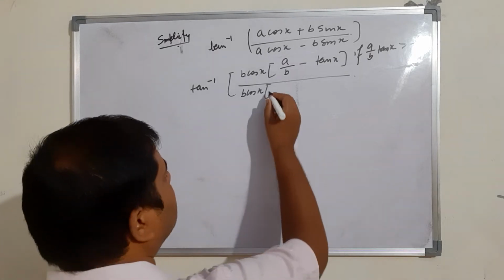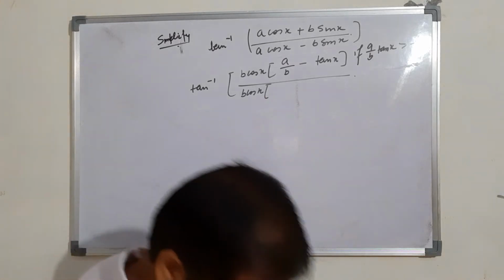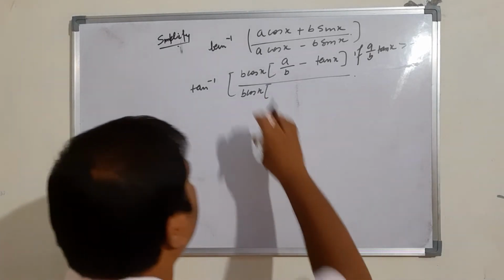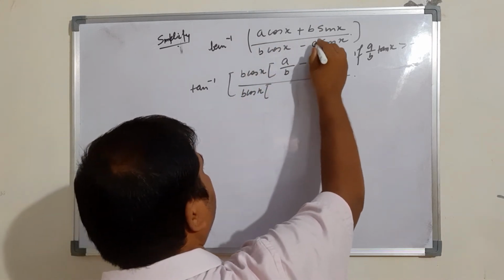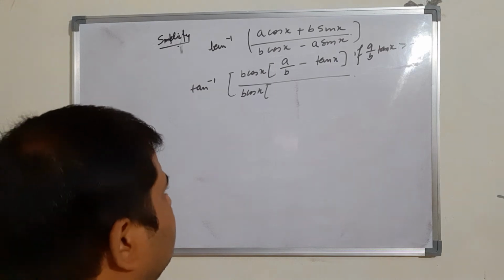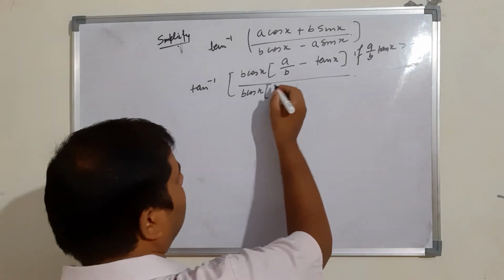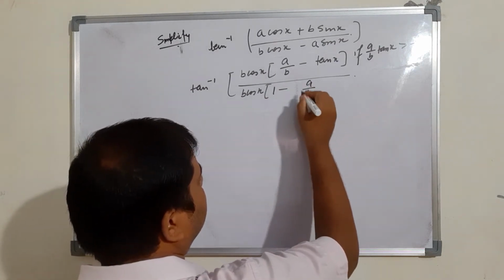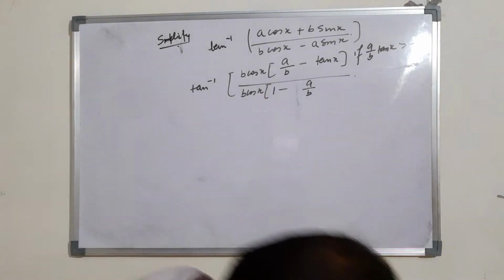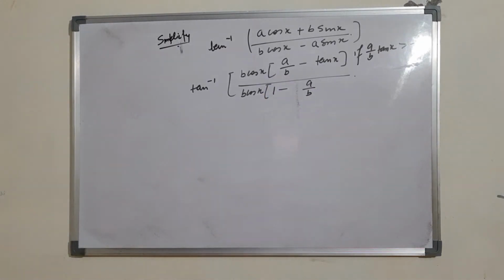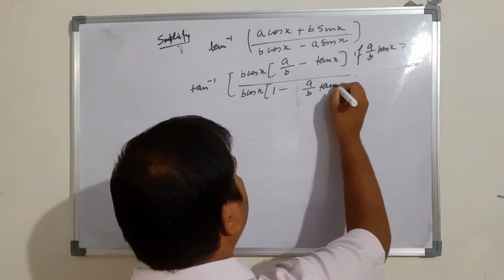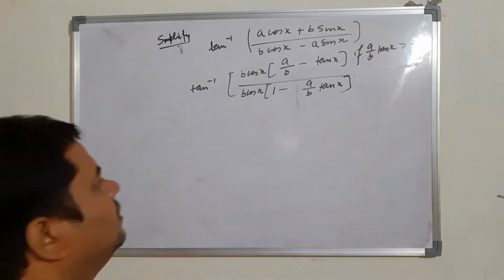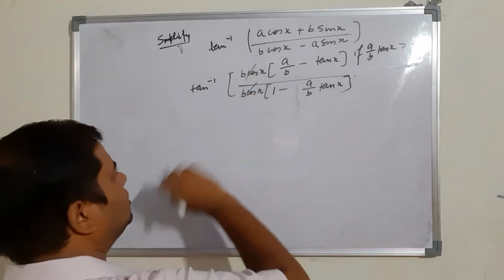Sorry, b cos x is common, so we get 1 plus a by b tan x. So b cos x is cancelled out.